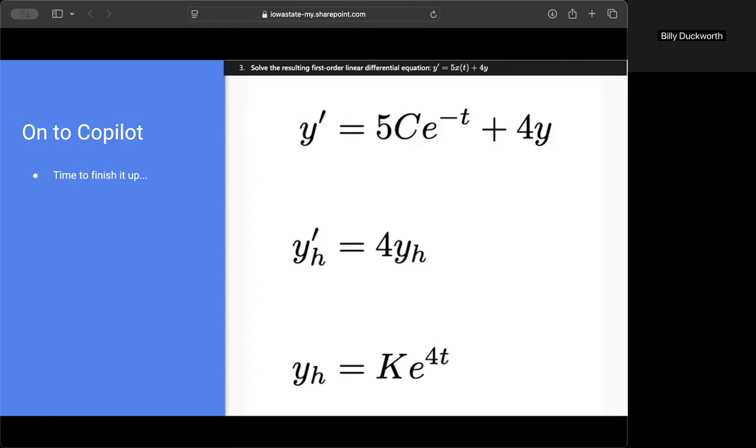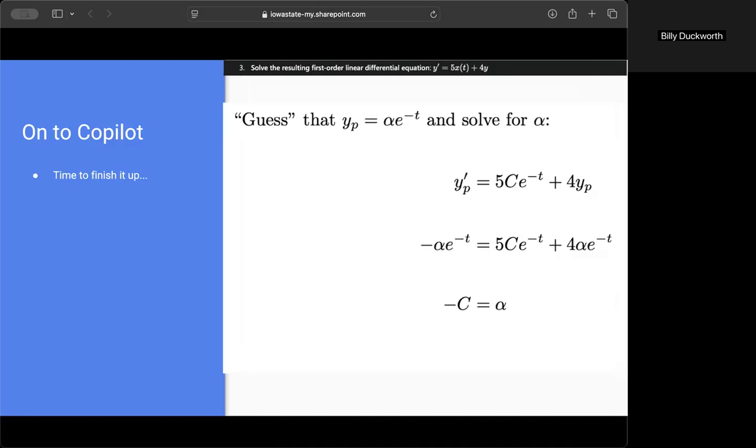So we see that it's a constant times e to the 4t. And then now we've got to get the particular solution. So we're going to guess, in quotes, that y_p is going to be some constant times e to the minus t, because the inhomogeneous part is an e to the minus t. You could also use variation of parameters here, but this one's an easy enough one to guess.